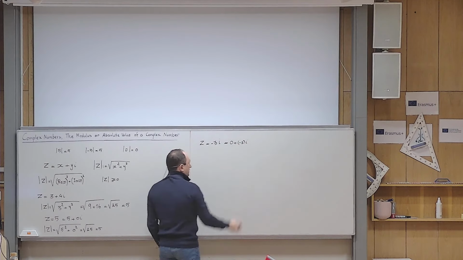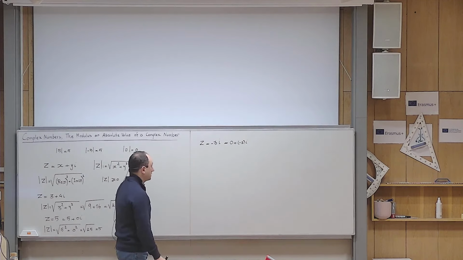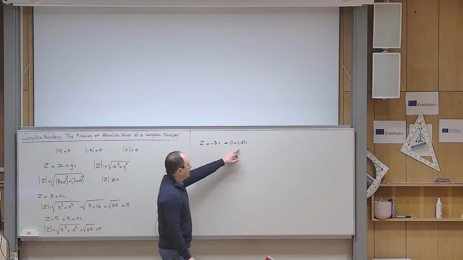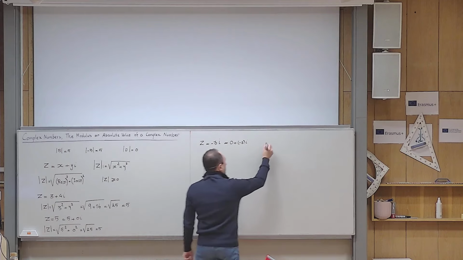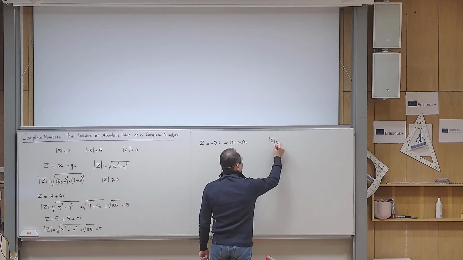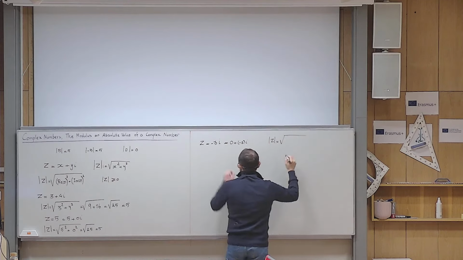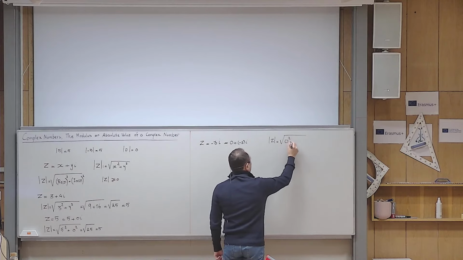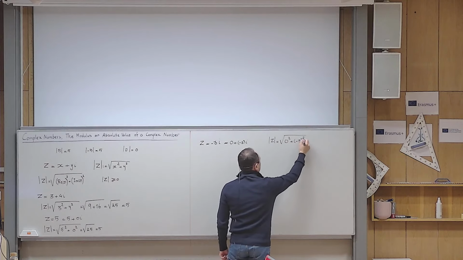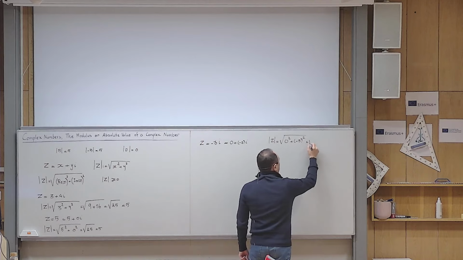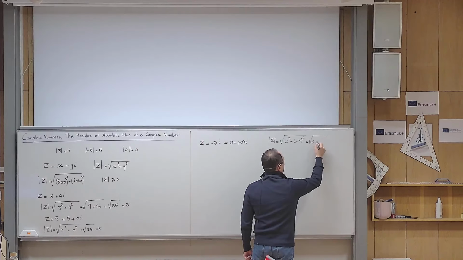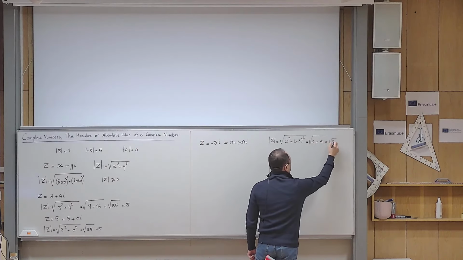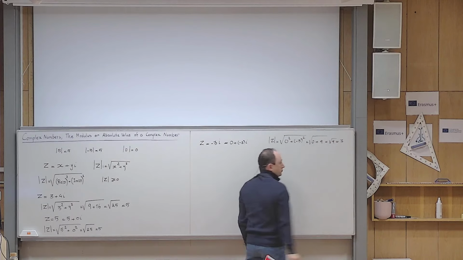You don't have to write this, I'm just writing it so that you understand. So this is the real part, and that is the imaginary part. The absolute value of z is the square root of the real part squared plus the imaginary part squared. This becomes 0, and this becomes 9, so it becomes square root of 9, and that is only 3.